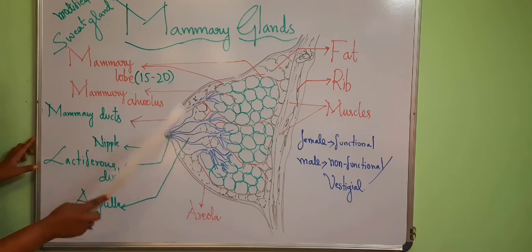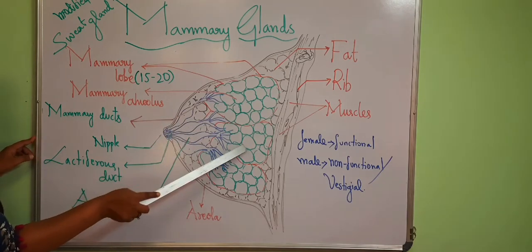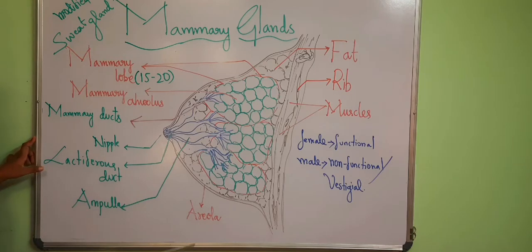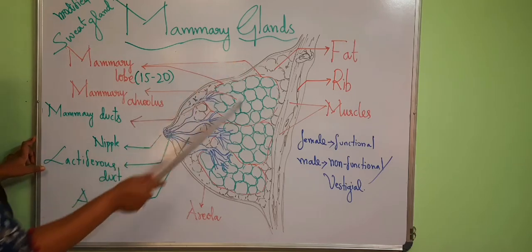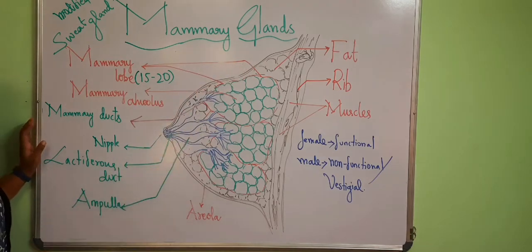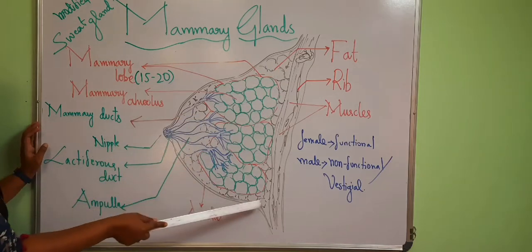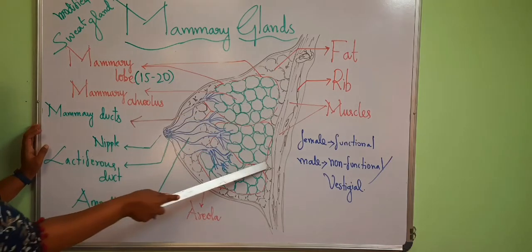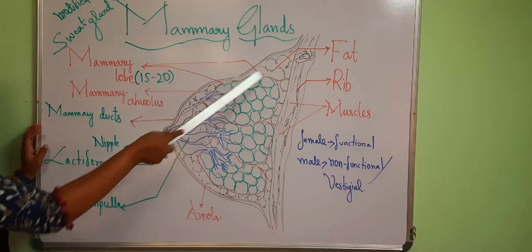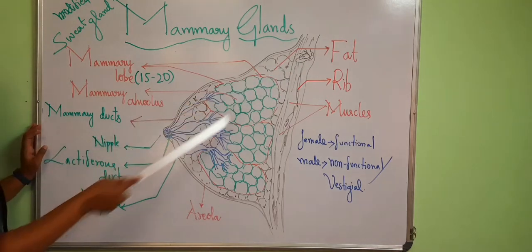It consists of many mammary lobes. The mammary gland contains some glandular tissue along with fat; more fat is deposited in the mammary gland.